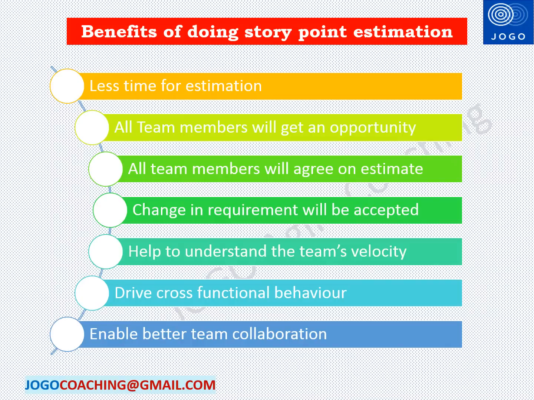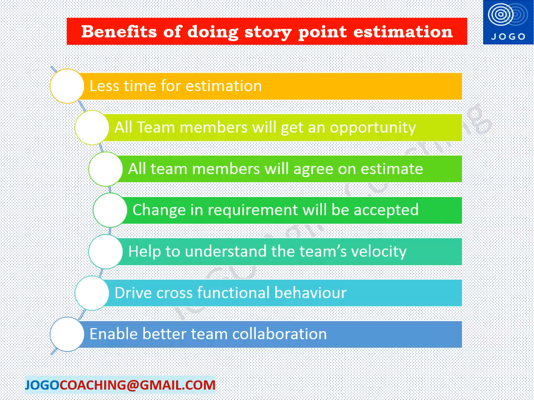All the team members will agree on the estimate for each user story. Any change in the requirement will be accepted by the team as they spend very less time for estimation and re-estimation. Story point estimation will help to measure the team velocity. So story point is used in the velocity calculation.